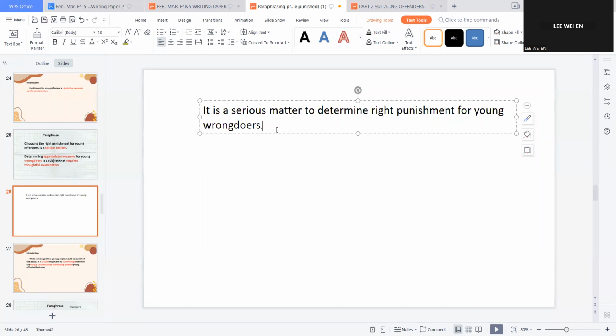Very good. You got it already. You nailed it already. It's a serious matter to determine the right type of, to determine suitable. You can say right punishment or suitable punishment. I will prefer appropriate or suitable punishment for young wrongdoers. Good job.